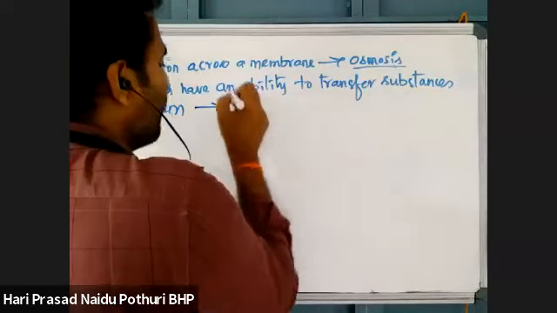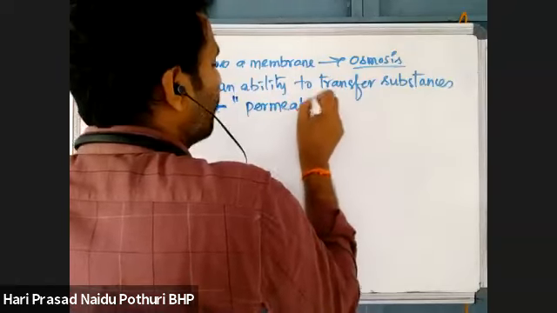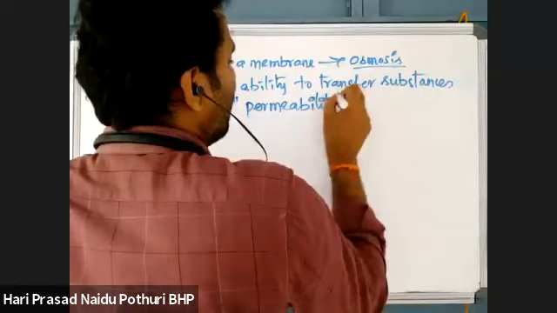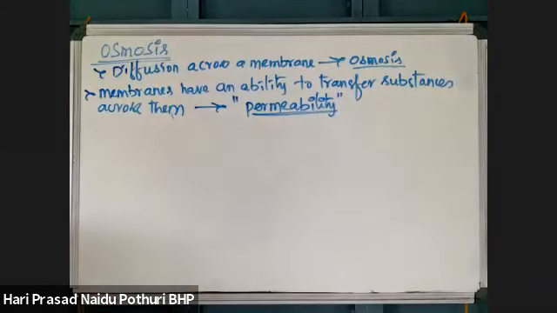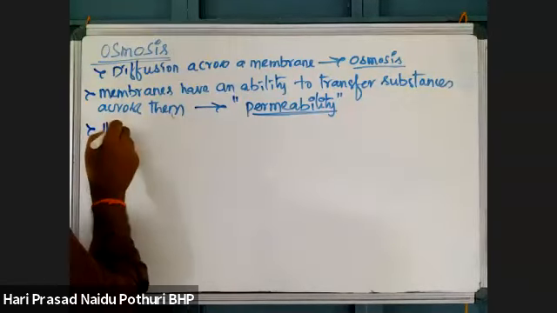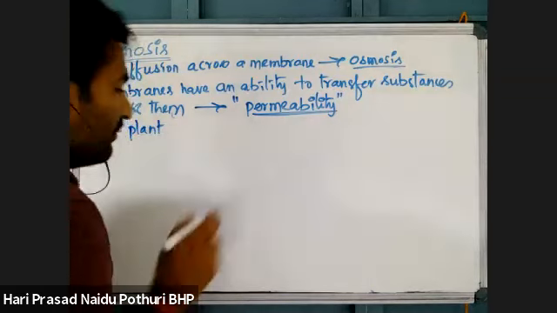That ability is called what? Permeability. The ability of membranes to pass substances across them is called what? Permeability.